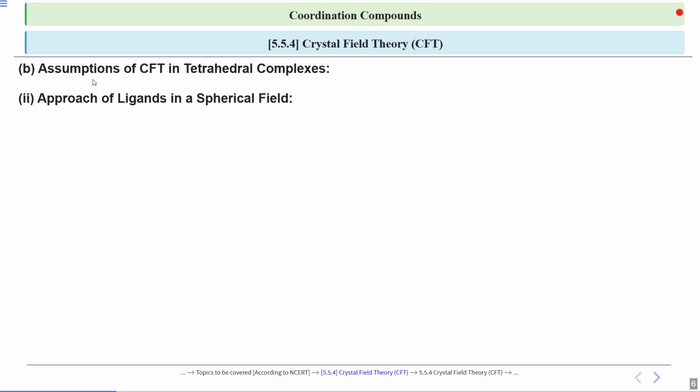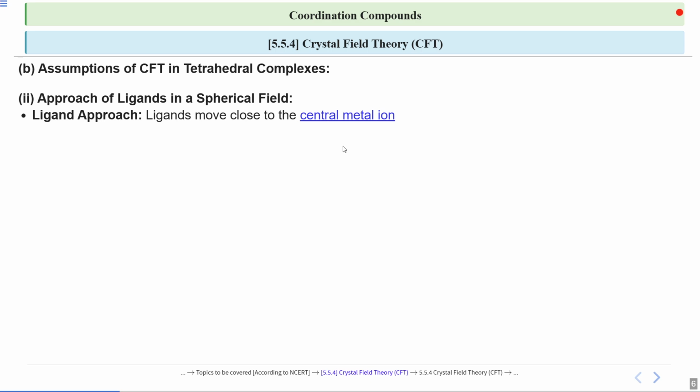The second assumption is the approach of ligands in a spherical field. How are the ligands going to approach the central metal ion? The ligands move closer to the central metal ion. There is a central metal ion present already, having 5 d orbitals which are degenerate. This is the first assumption we have made.